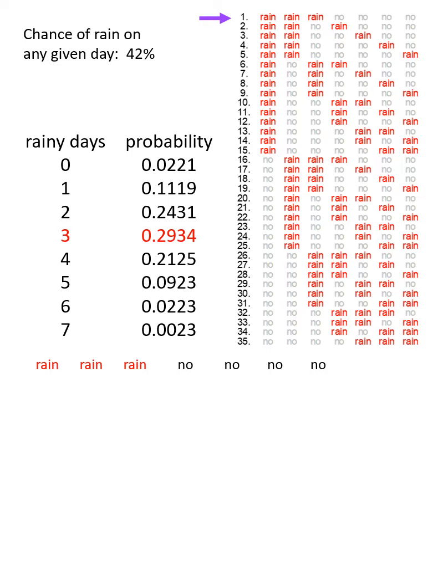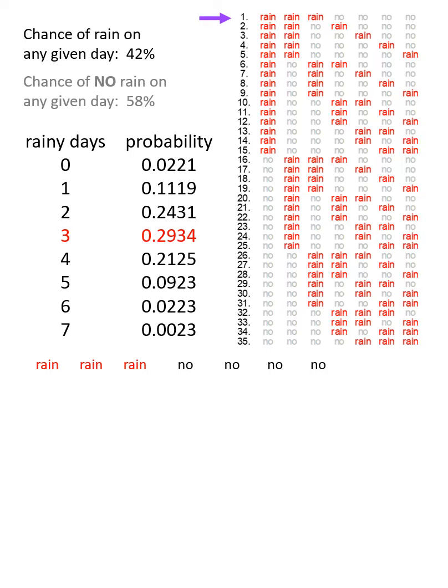And to compute that, we'll need to know what the probability of it not raining on any given day would be. So if there's a 42% chance of rain on any single day, wouldn't that mean that there's a 58% chance of no rain? That's just 100 minus 42, by the way.